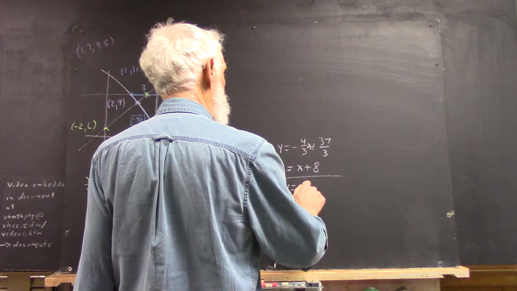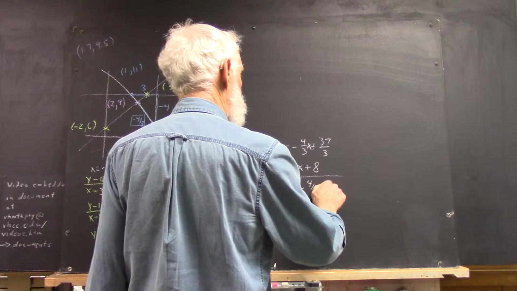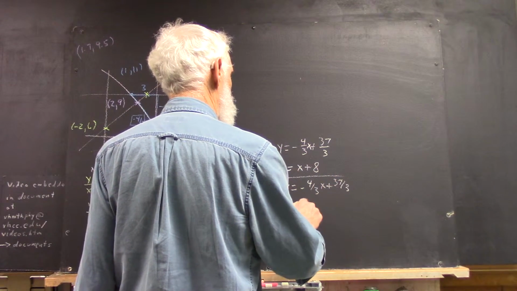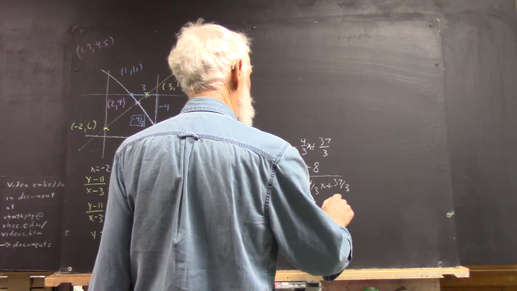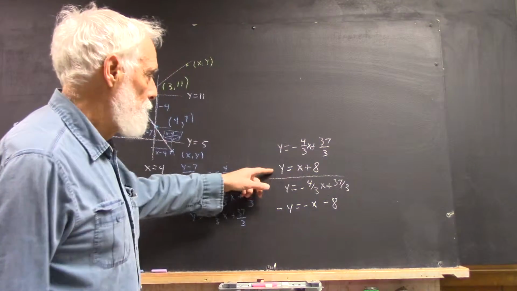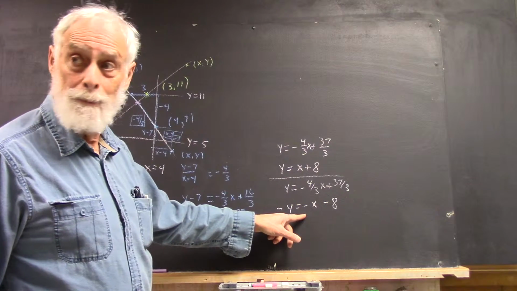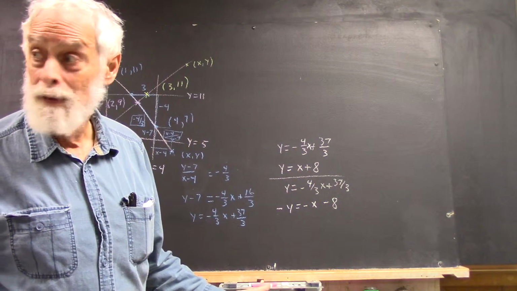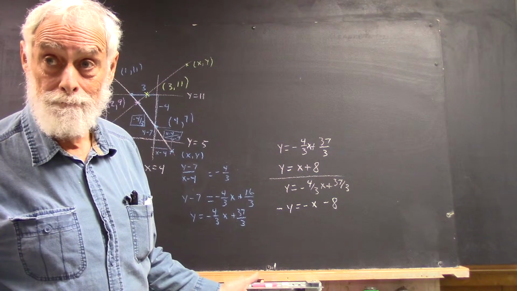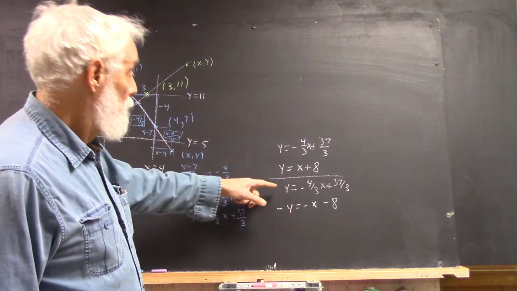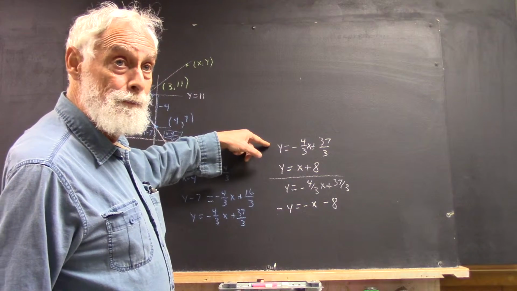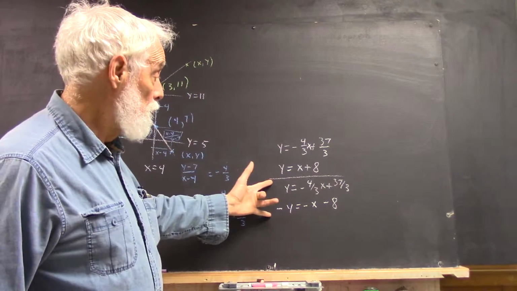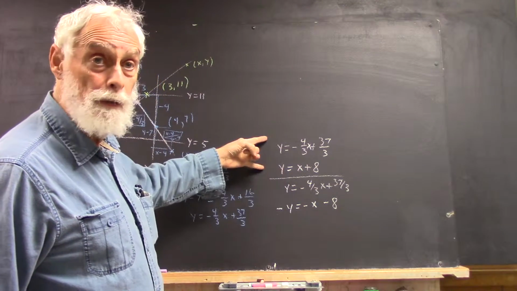Y equals negative 4/3 x plus 37/3, and negative y equals negative x minus 8. In other words, I multiply this equation through by negative 1, and then I add them, just like we've done in the past. Here's my first equation. Here's negative 1 times my second equation. So these 2 equations are totally equivalent to this.